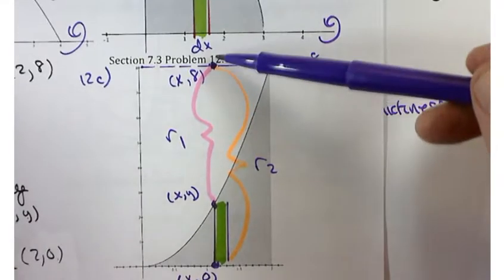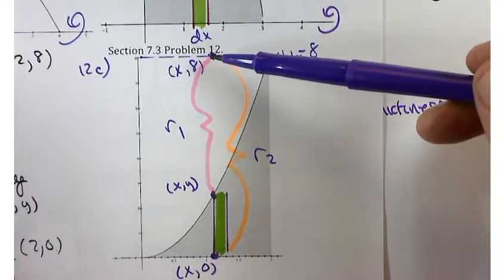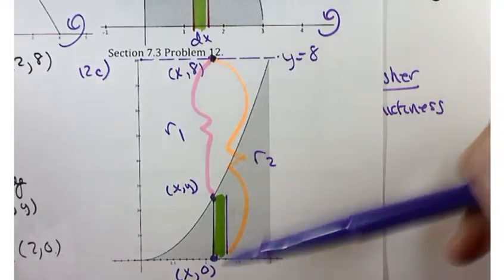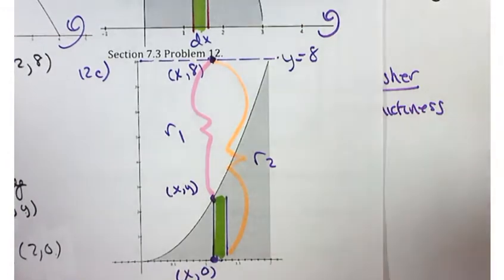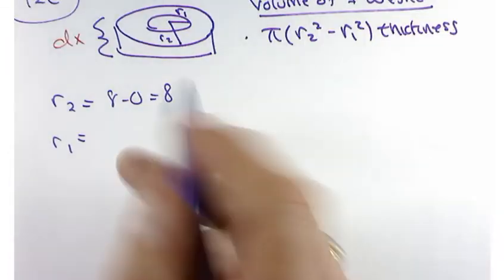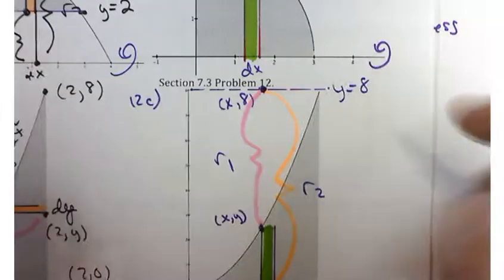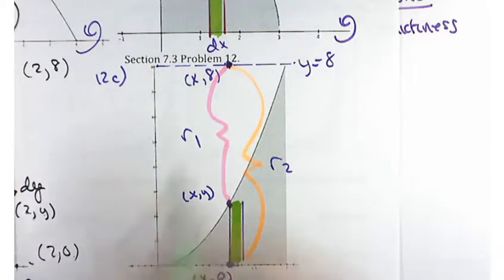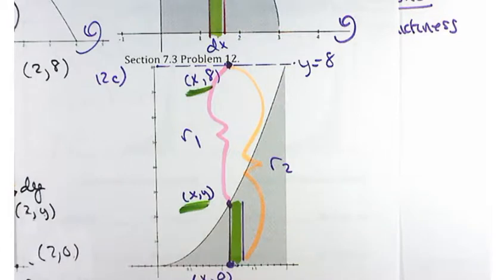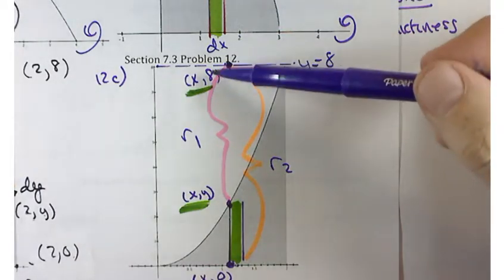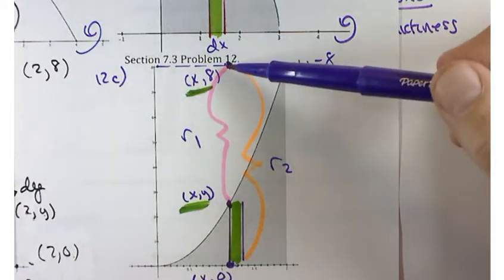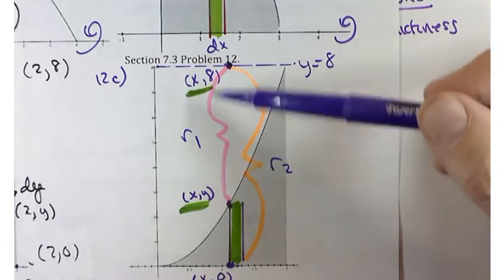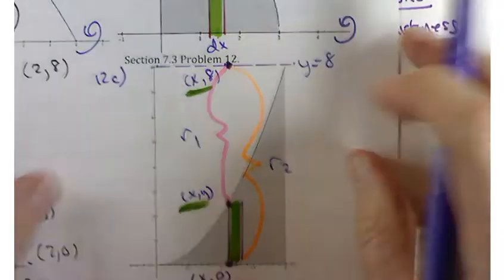But we're just trying to find the radial distance, and looking at the graph, this point is on top and that one's on bottom. So that's the way I'm going to subtract them. R1, now here's where it's nice to have these points labeled. So I got them here and here. Top minus bottom relative to my graph would be 8 minus y.